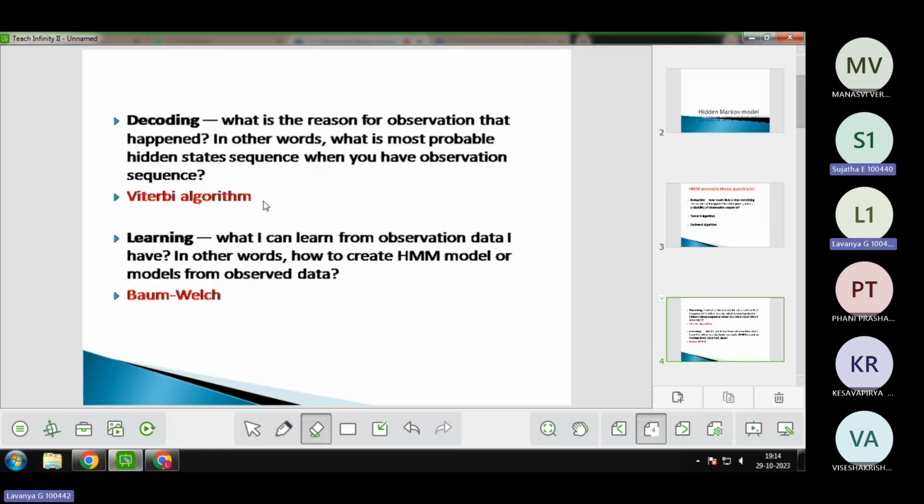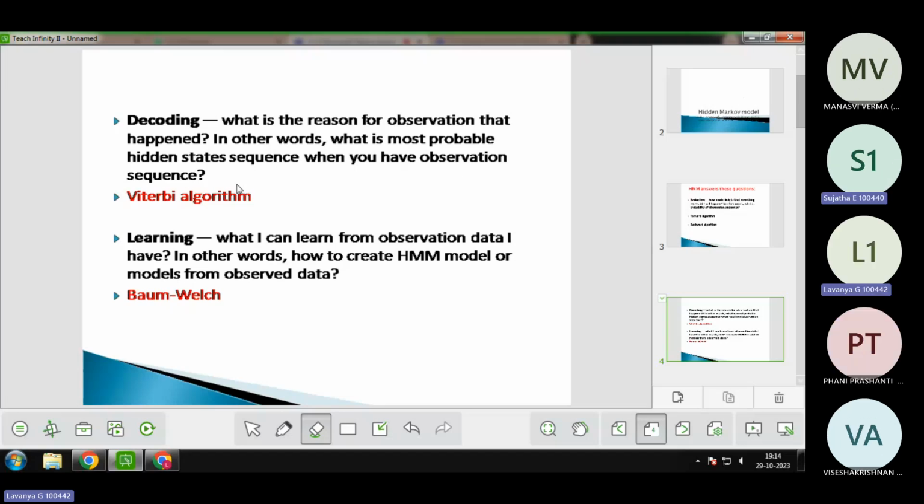The second is decoding. What is the reason for the observation that happened? Why did it happen and why did you see it? In other words, what is the most probable hidden state sequence when you have an observation sequence? So what are all the hidden states which are influencing the event which you have witnessed? That is decoding.